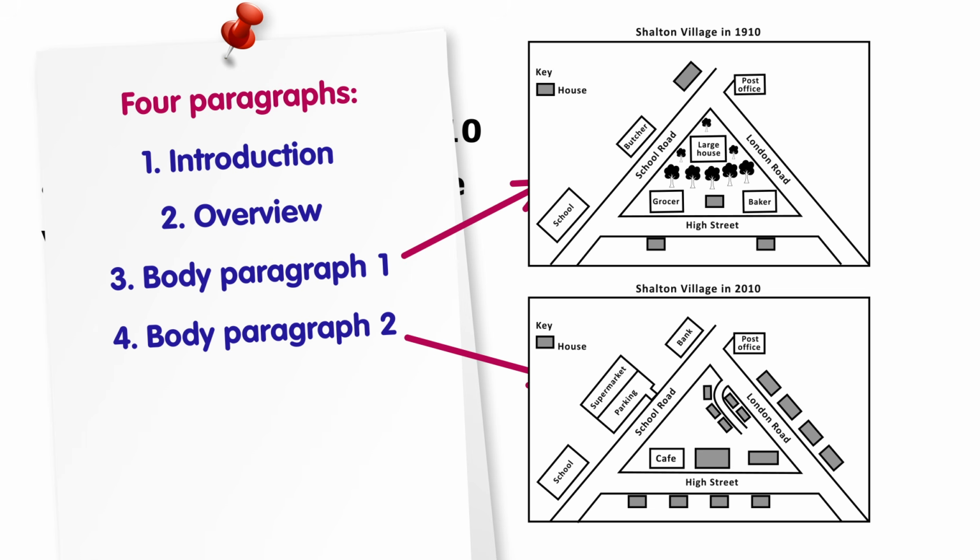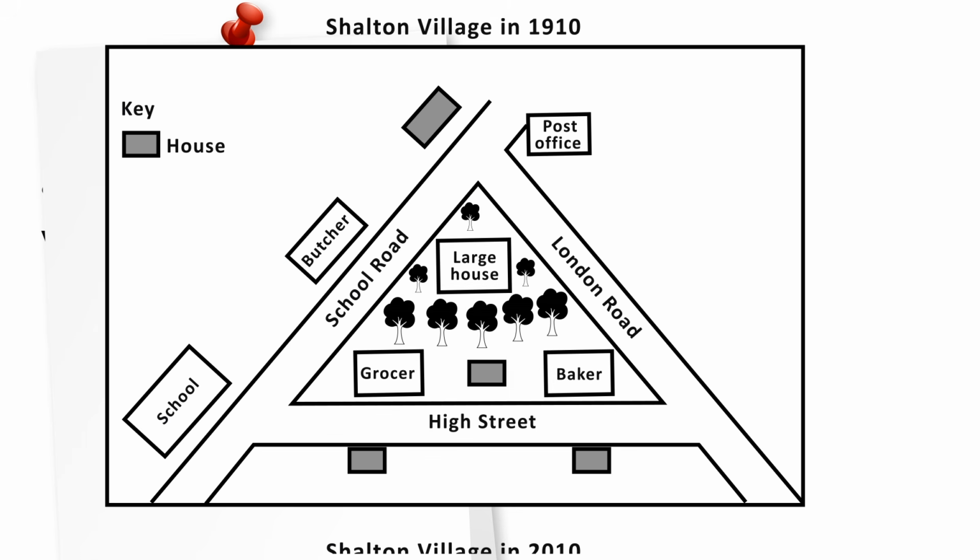Now let's take a look at the map here in 1910. As you can see, there are 3 main roads: London Road, School Road, and High Street, and the village was bordered by these 3 major roads. And they formed a kind of triangular layout.